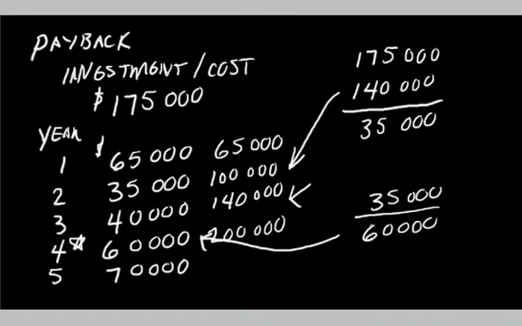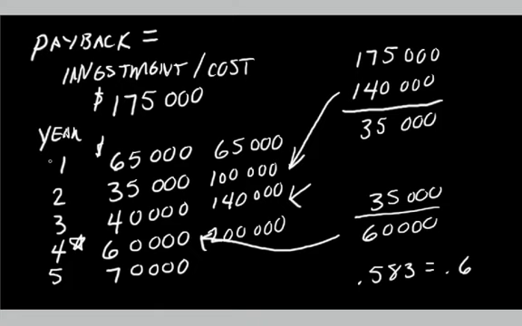So we get 0.583. We're going to round that because really for payback we can have years and then tenths of years. So we're going to call this 0.6.